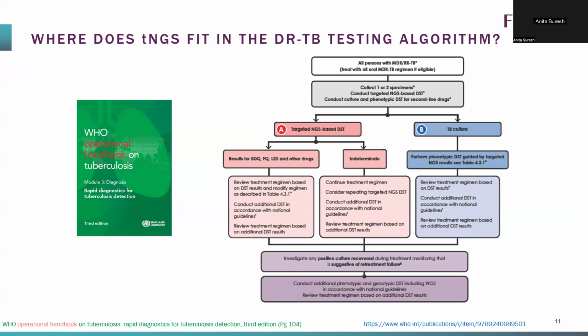Brazil, for example, is doing an implementation pilot of this. Of course, New York, the UK, the Netherlands and so on, the low burden, high income settings, are definitely following that method, because the risk tolerance for drug resistance is much lower. So you want to make sure every TB positive sample gets the full comprehensive drug resistance profile, and hence sequencing is being done for all TB positive samples in those cases.